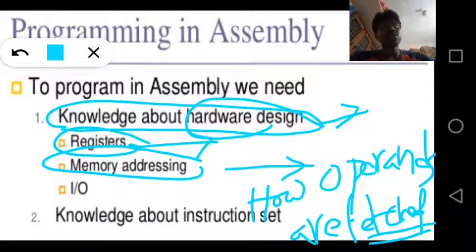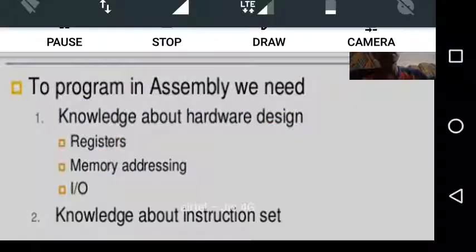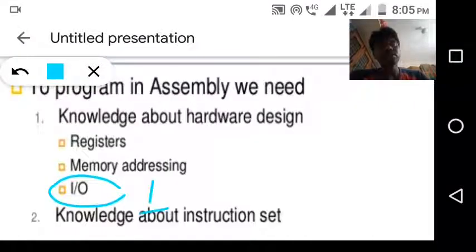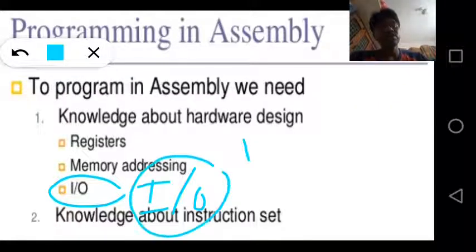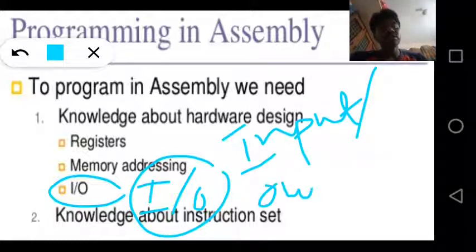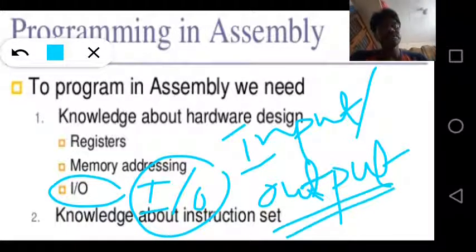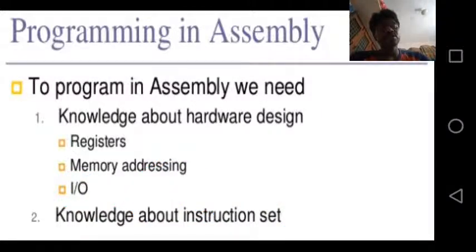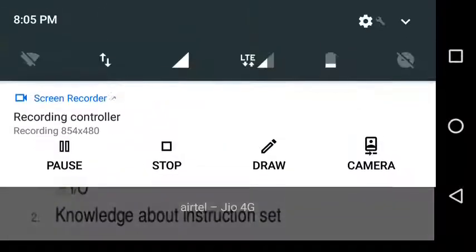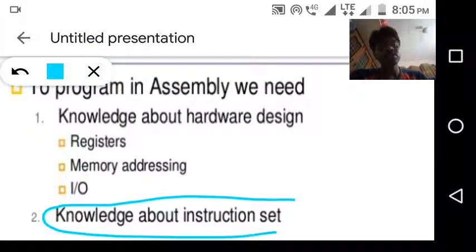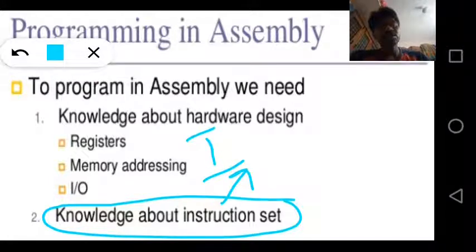Next is IO, which stands for input and output. We also need knowledge about the instruction set.